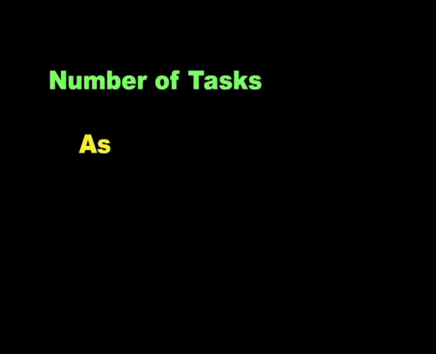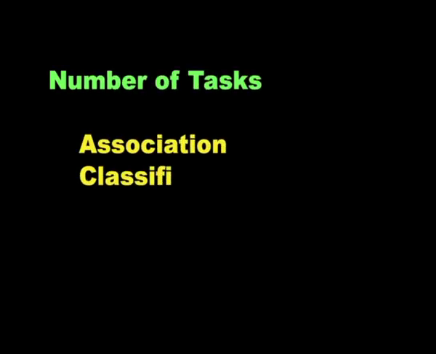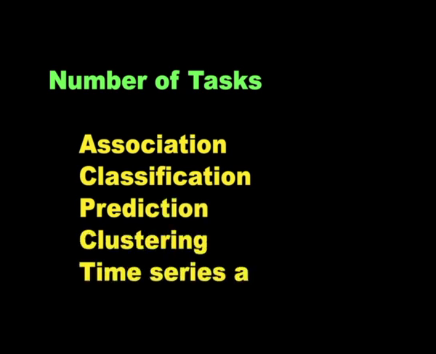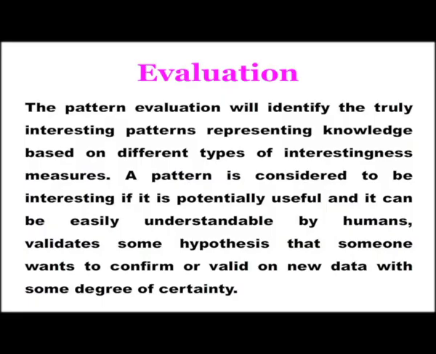Followed by data pre-processing and data transformation, we have the data mining step. Data mining is a core process where a number of complex and intelligent methods are applied to extract patterns from the data set. The data mining process includes a number of tasks such as association, classification, prediction, clustering, time series analysis and many more. Followed by this, we have the evaluation.